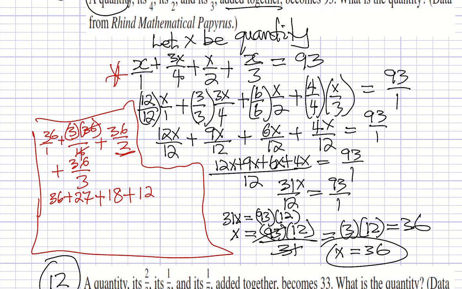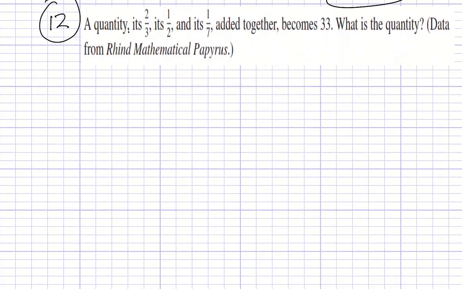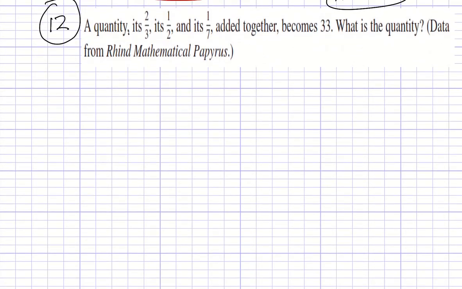You add all that, what do you get? You add all that, you get 93. So this is number 93 here. So it checked out. Leave that alone. Let's move on. The same thing here, man.